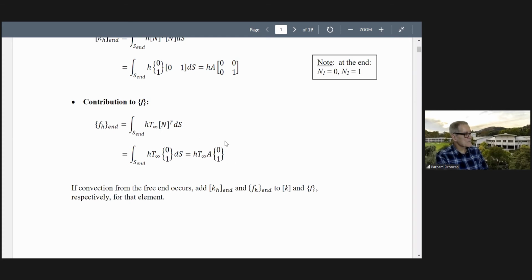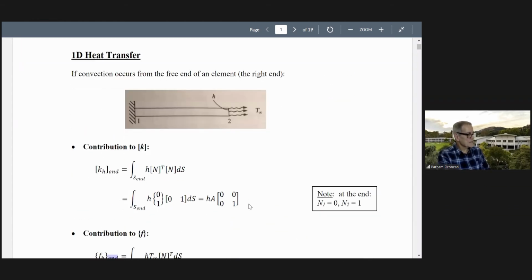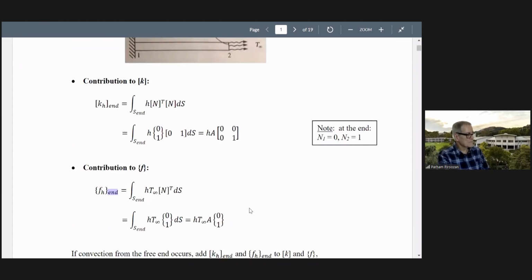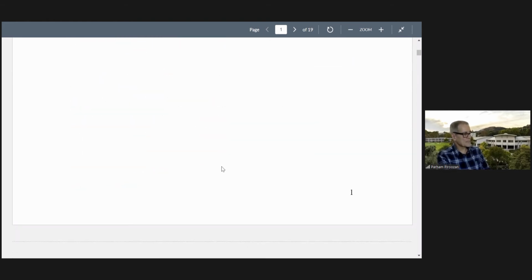This term is added to F if there is convection from the end for that element. All right, that's all. So add this one to K, this one to F, if there is convection from the last element.